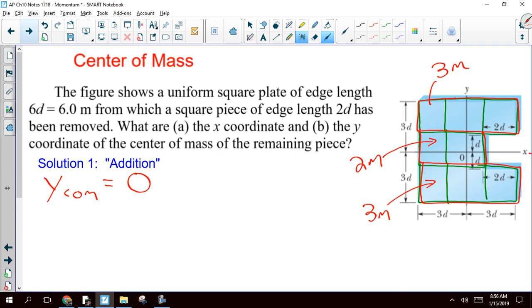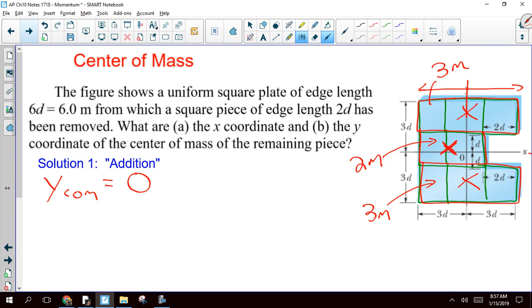It's 3 blocks wide, and so our center of mass should be right at the center. Same thing for the bottom block. And this middle block has a center of mass that's right here. So based on the drawing, that looks like that's d.